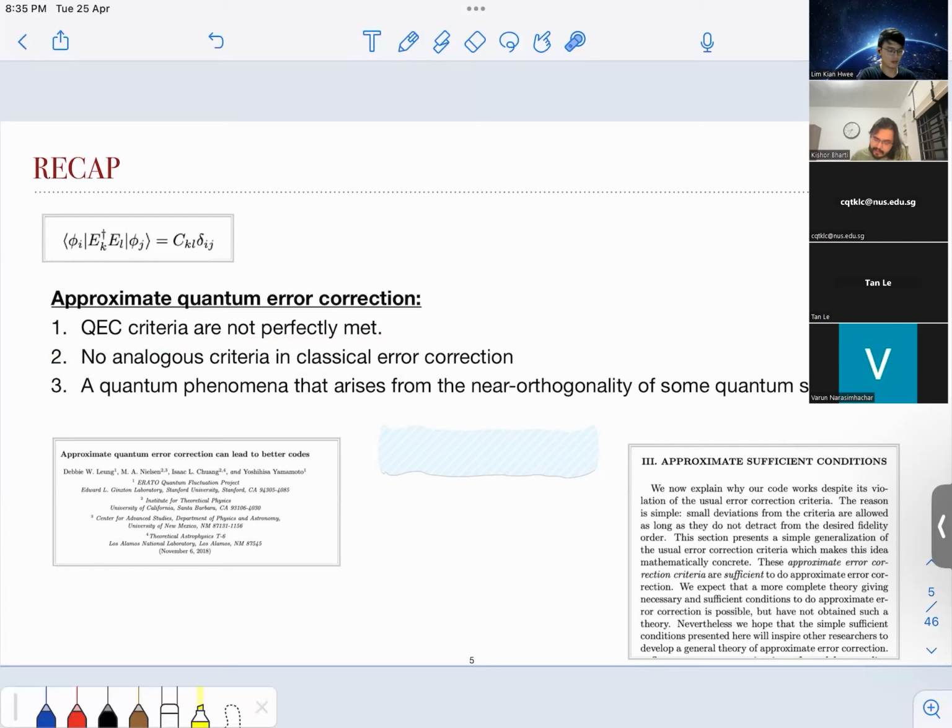In some sense, approximate quantum error correction arises from the near orthogonality of some quantum states. There's a paper by Debbie Leung and others which talked about approximate quantum error correction. We know that 5 qubits is the minimum number you need to encode one logical qubit with distance 3.